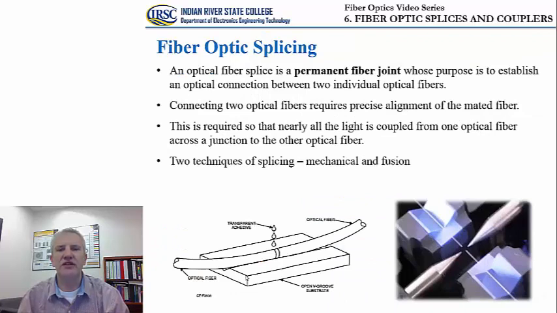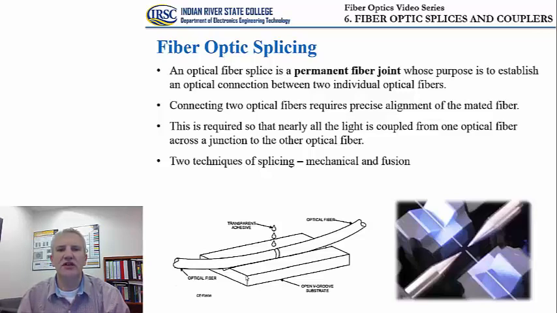How is the fiber optic splicing performed? So we are talking about a permanent fiber joint whose purpose is to establish an optical connection between the 2 individual optical fibers. The way this is performed, number one, you have to have a very precise technique that would establish a precise alignment of the 2 mated fibers. So the 2 glass cores would have to be perfectly aligned before the permanent connection is established.